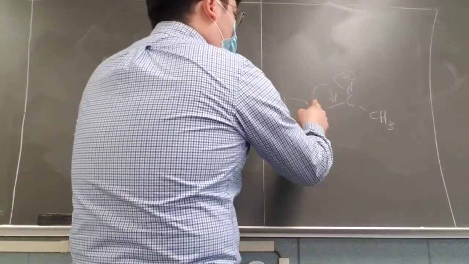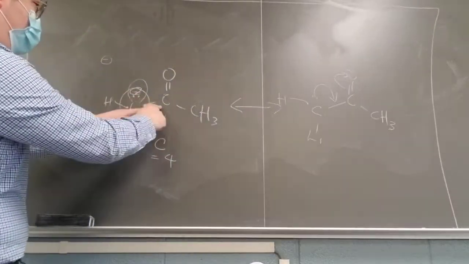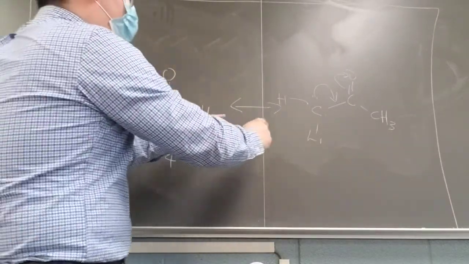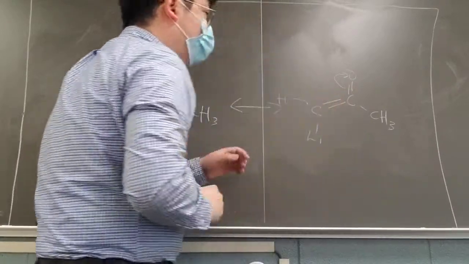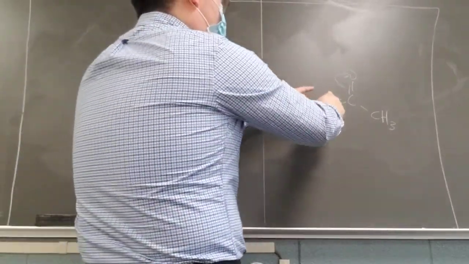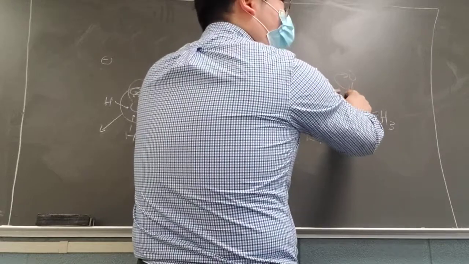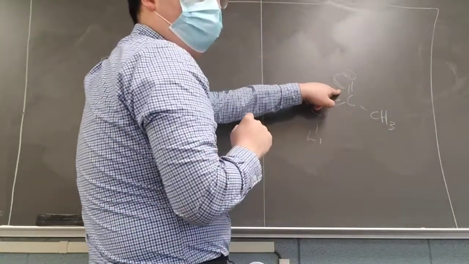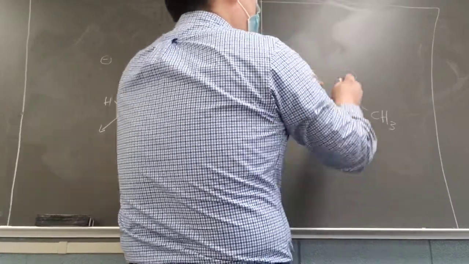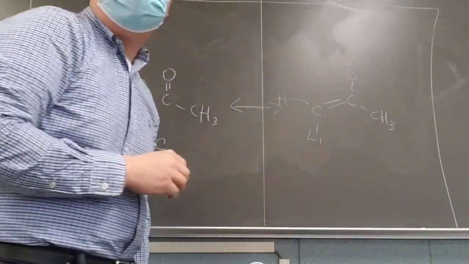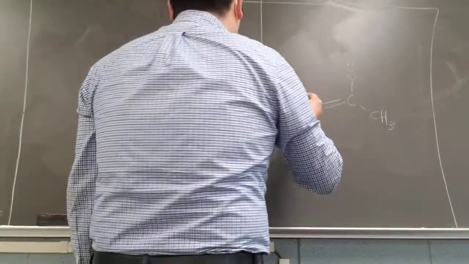Think about it. This lone pair goes on here, so that makes a double bond. And that will push one pair of electrons here on top of the oxygen, so they become a single bond, and they get an extra lone pair.